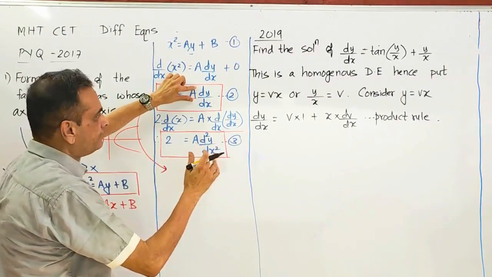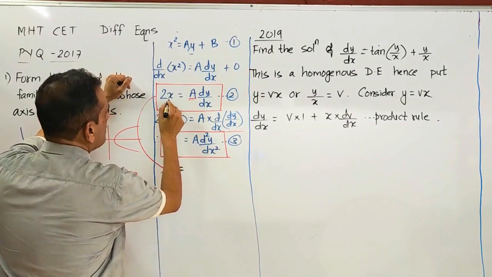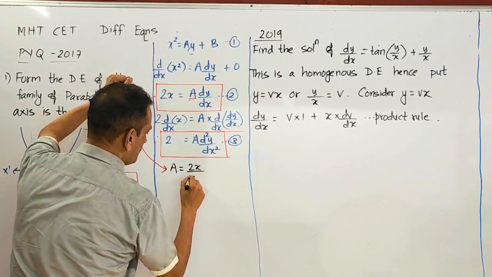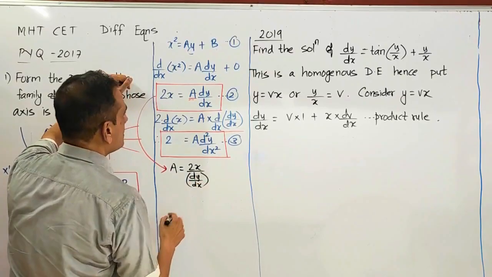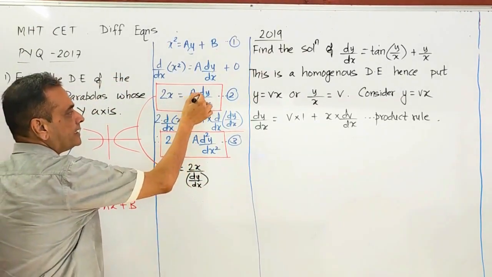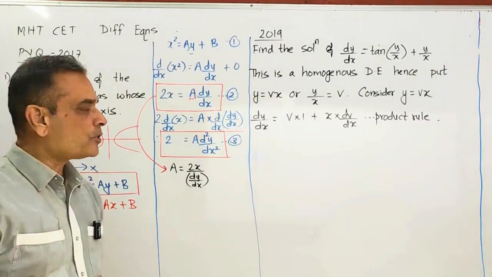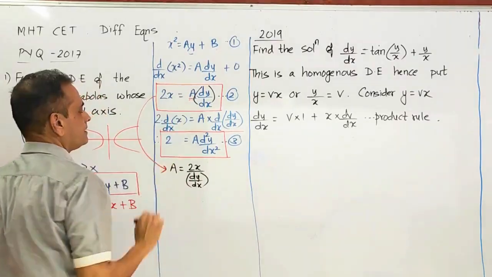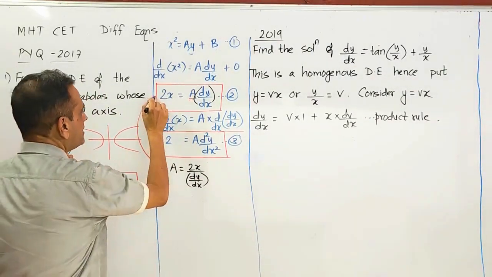Why do we take this to the right side? A is multiplied by dy by dx, so this dy by dx comes in the denominator. 2x upon dy by dx. That is the value of a from equation 2.